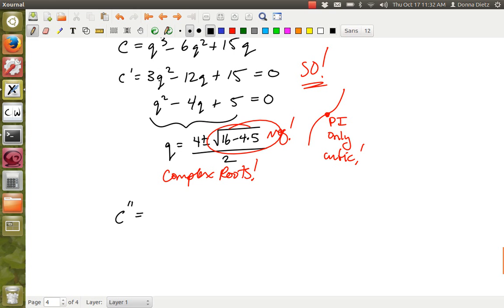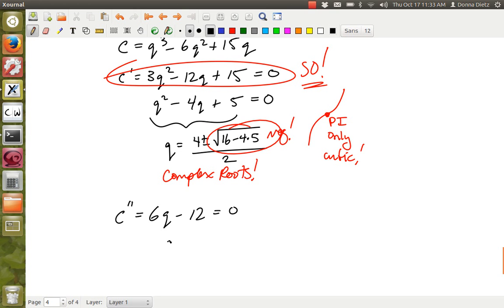Alright, so let's figure out where it is. We have to go back to this, right? Because when we divided by 3, we were just solving for equals 0. So let's go back to our actual C prime and calculate C double prime.